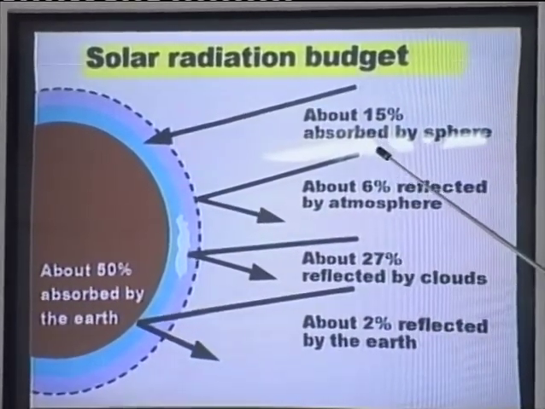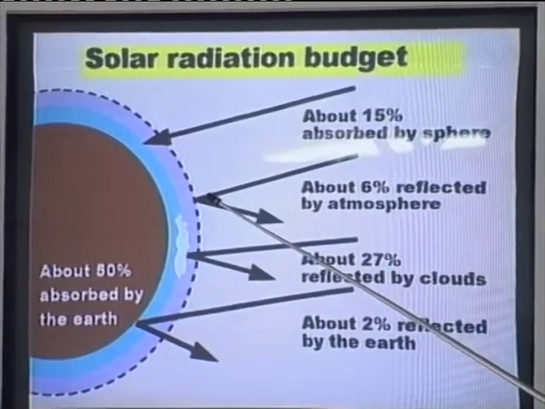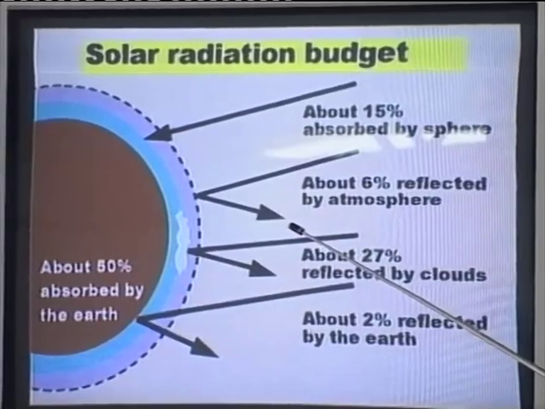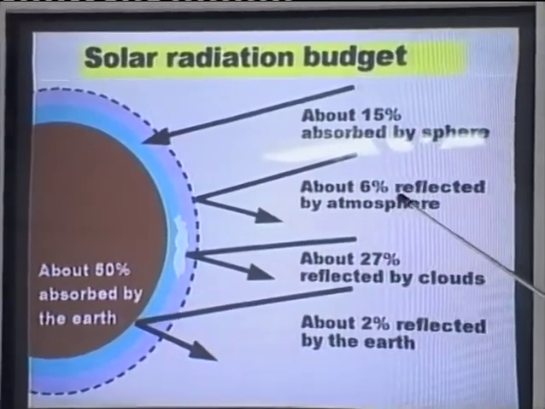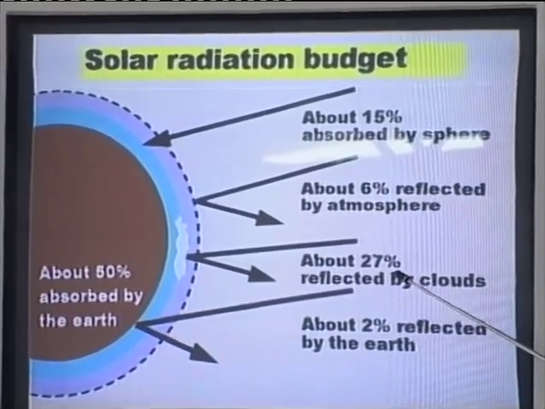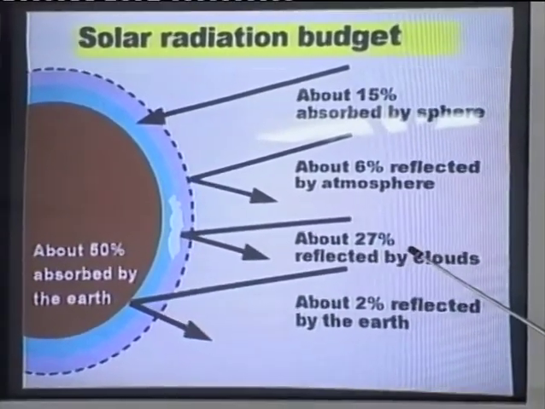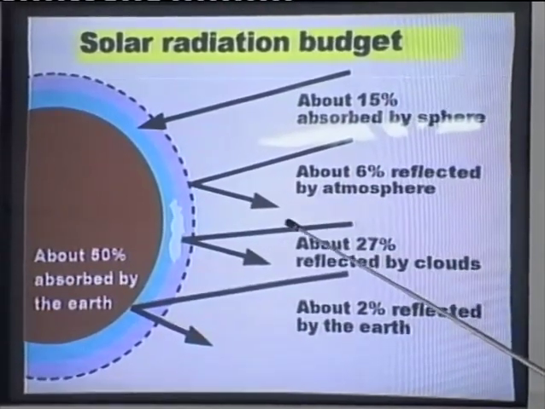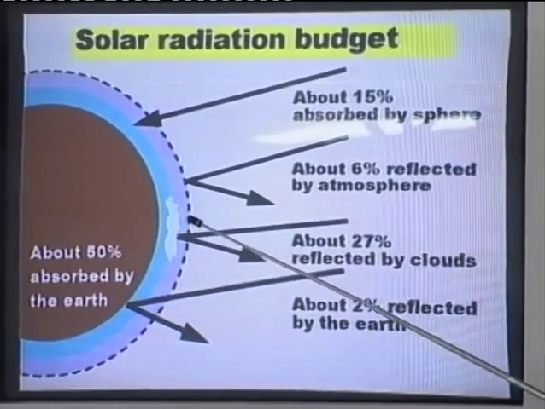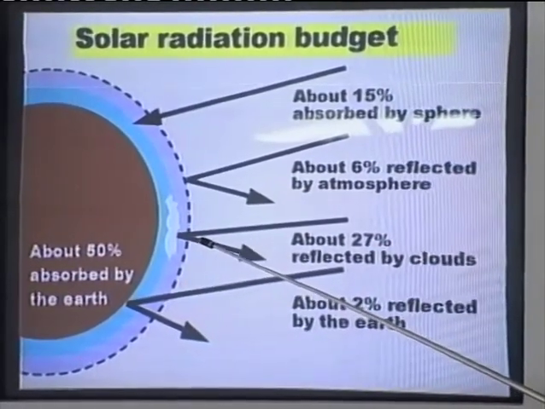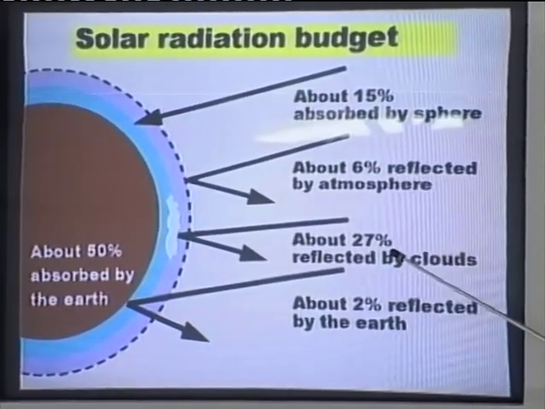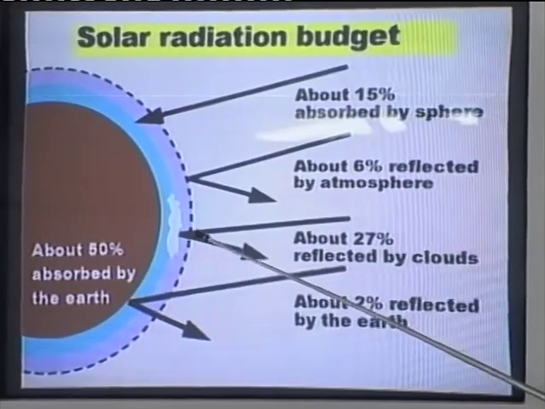Here we see that arrow showing the reflection. About 27% of the solar radiation reaches the clouds in the troposphere, and the clouds reflect it back into outer space. So 27% is reflected by the clouds.